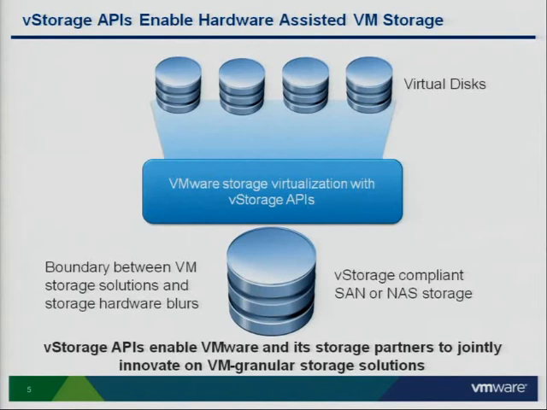And so the next step in this evolution is to figure out how we can actually preserve the concept of virtual disks as VM objects, but offload a whole bunch of virtual disk related activity to hardware so it can be done in a much more efficient manner. And that's what vStorage APIs is. It actually makes that link between our virtualization layer and what exists in storage hardware. It could be SAN or NAS.